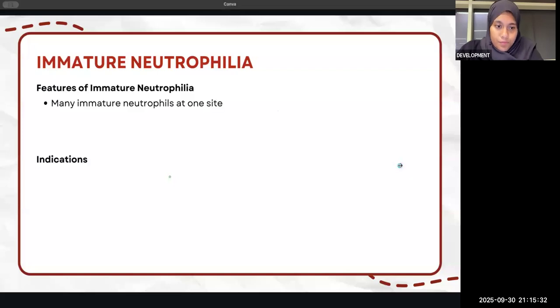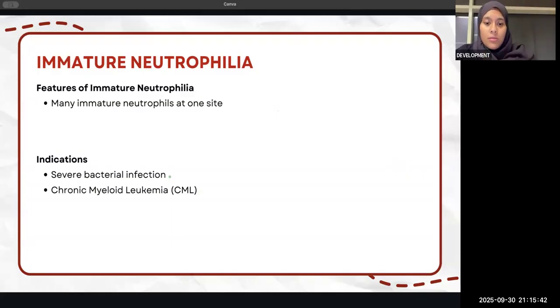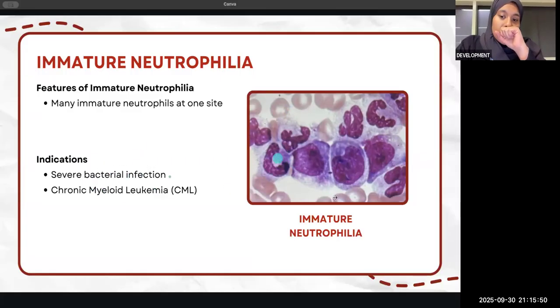Immature neutrophilia is basically many immature neutrophils at one site, and you could have that in severe bacterial infection or chronic myeloid leukemia. So this is how immature neutrophilia looks. How do you know this is immature neutrophilia and not mature neutrophilia?